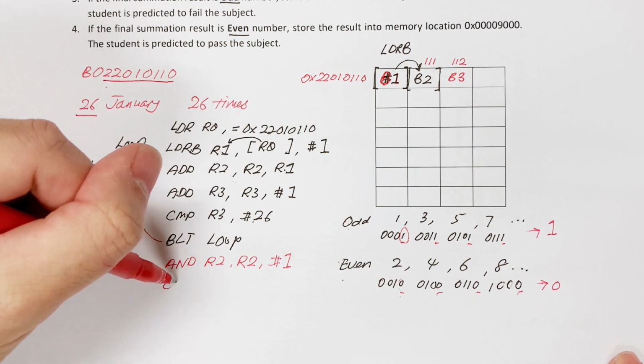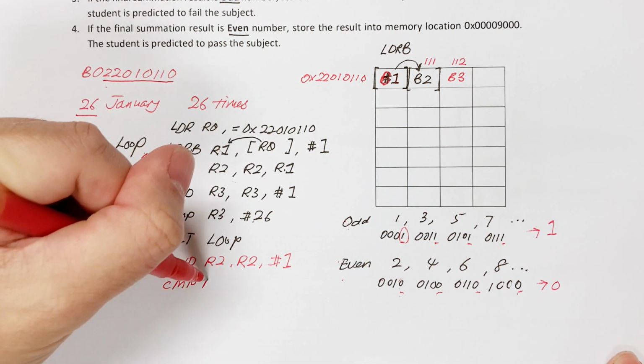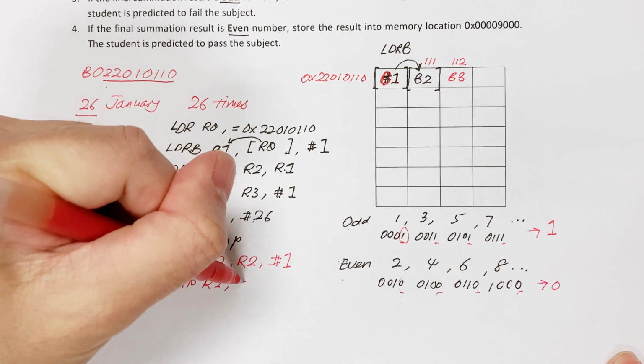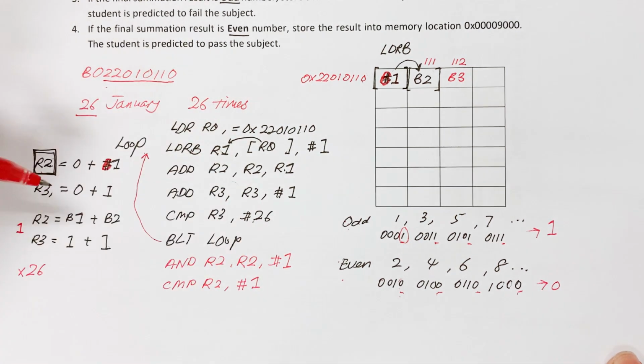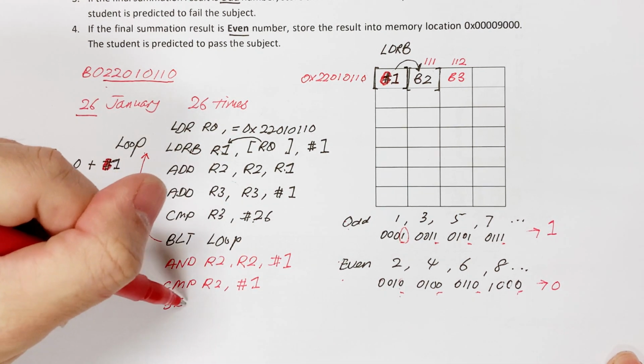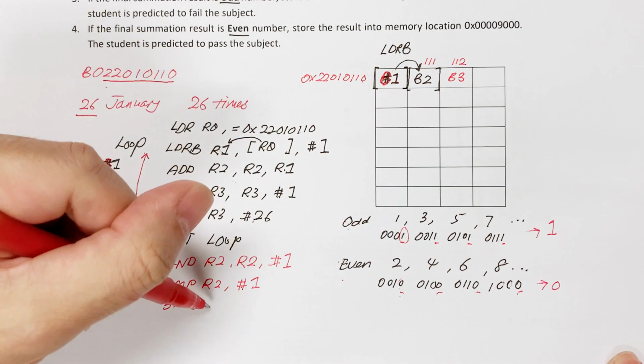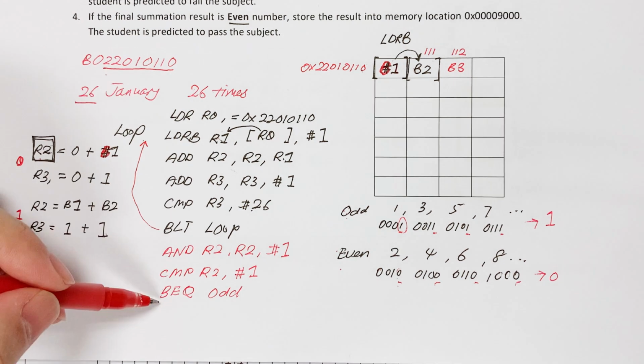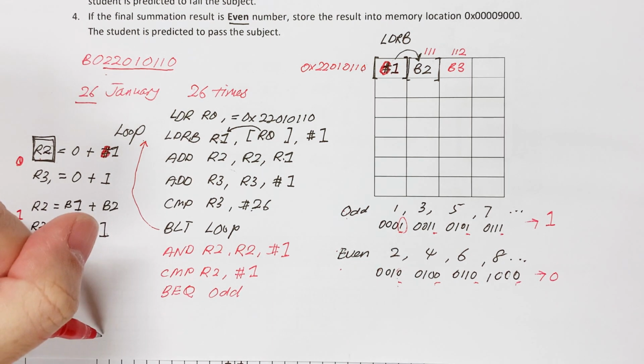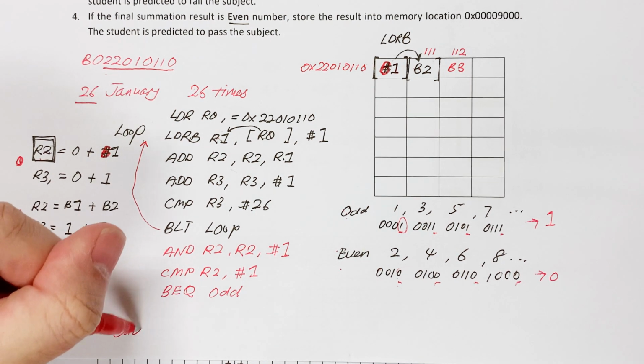You can do the comparison between register 2 and the value of 1. If this is equal, meaning register 2 is equal to 1, then this is an odd number. If odd number, it will go to somewhere, let's say we go somewhere down there.